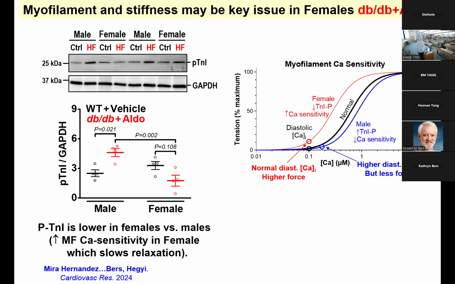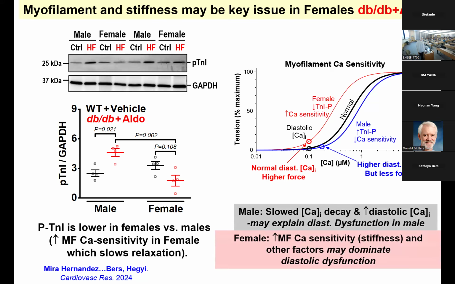So you get higher force without having higher calcium. In the males, the higher force that you get there is potentially because of higher calcium. So it makes sense then from this standpoint that the myofilament sensitivity or stiffness, and maybe other factors, may be more important in the female.